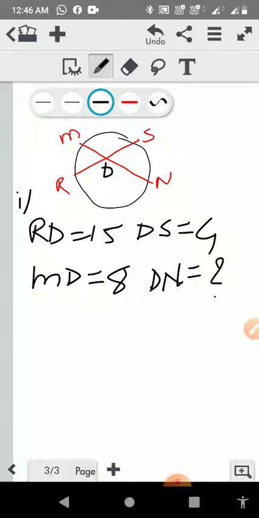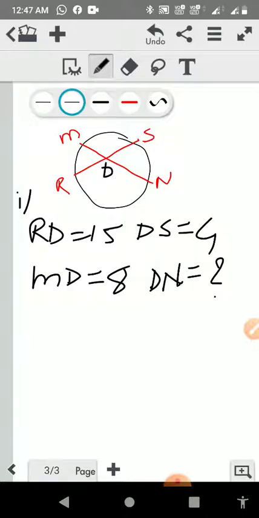Now if you see the diagram, as we already discussed, from the theorem of intersecting chords inside the circle, or we can commonly call it the theorem of internal division of chords, it will be convenient.